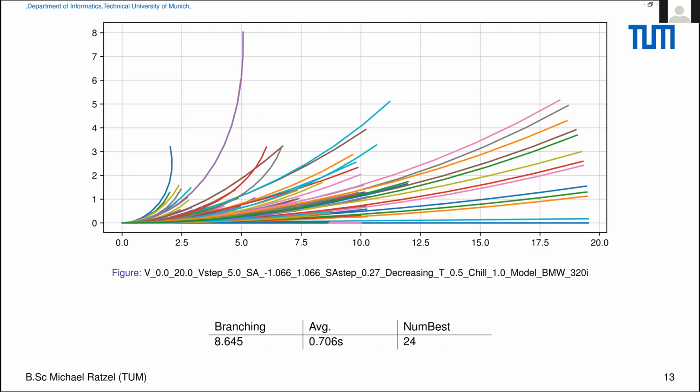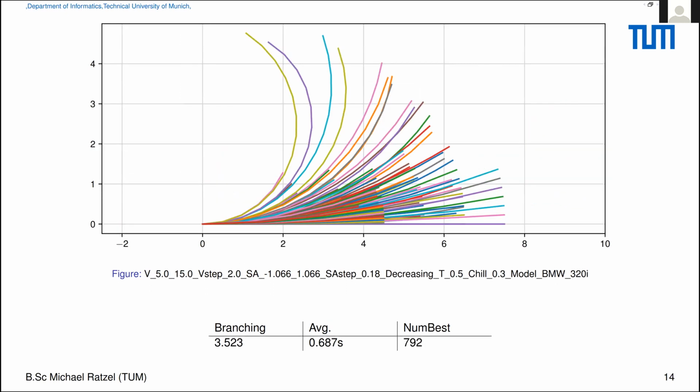Yeah, so I will now show two of the motion primitives I generated. This was one of the first ones, which does not use the chill factor, or has a chill factor of 1.0, and it has an average branching factor of 8.6, and the average length of each trajectory is 0.7 seconds, and it provided 24 of my best solutions. And by far the best performing primitive was this one.